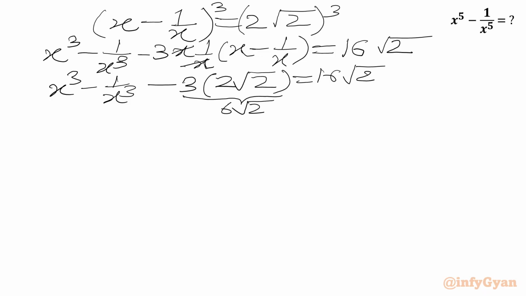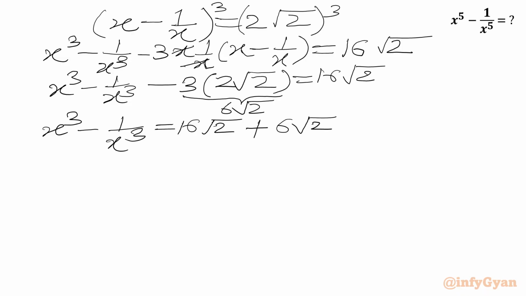So we will add 6 root 2 to both sides to get the value of x cube minus 1 over x cube. So our value will become 16 root 2 plus 6 root 2. Or I can write x cube minus 1 over x cube will be equal to 22 square root 2.